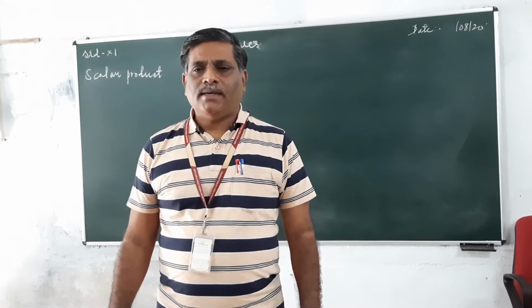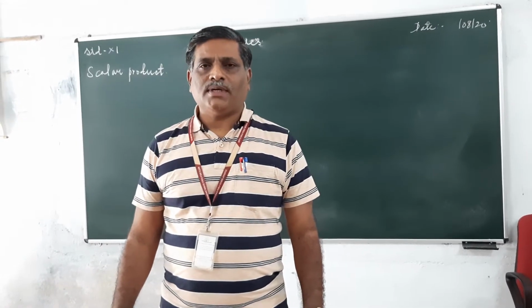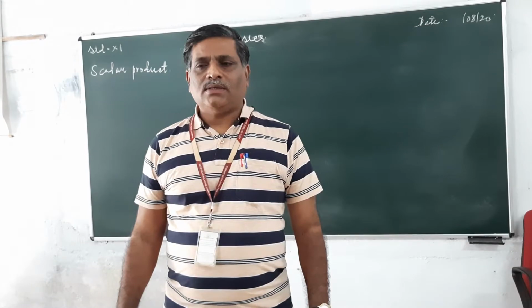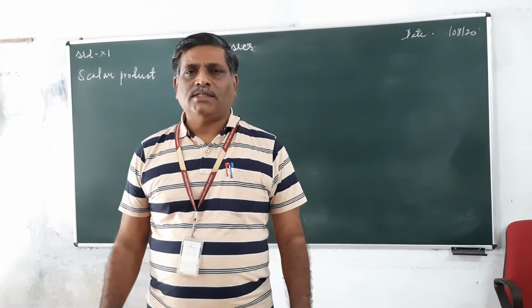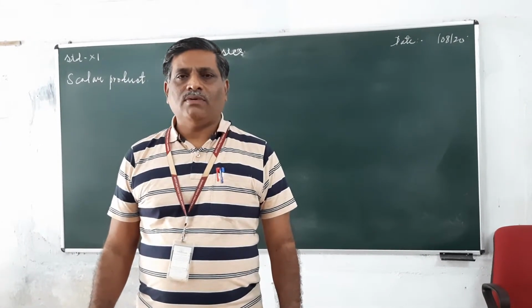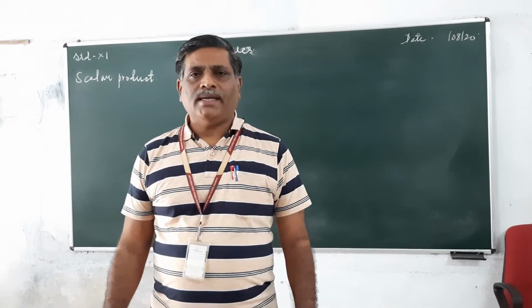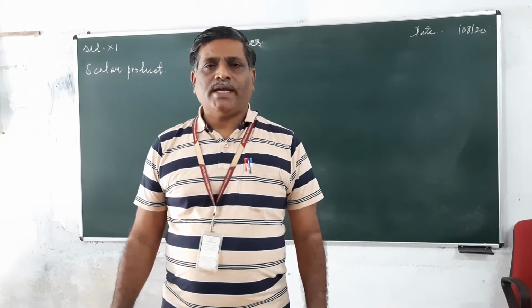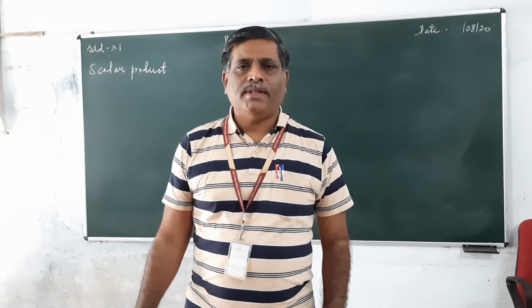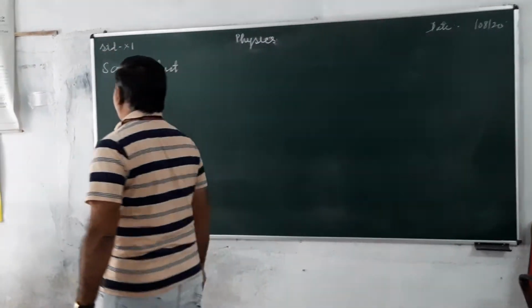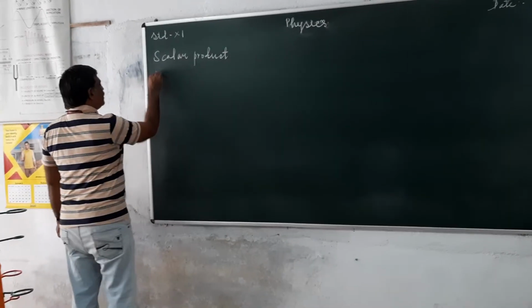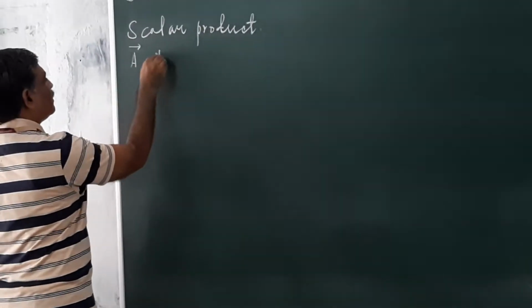Once again I repeat the definition of scalar product. Scalar product of two vectors is a scalar whose magnitude is the product of their magnitudes and cosine of the smaller angle between them.